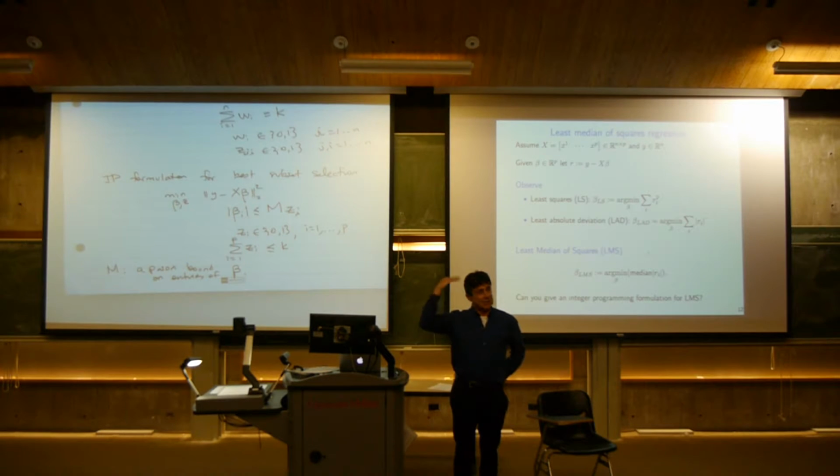But traditionally, meaning until about 5 to 10 years ago, the main focus of research in integer programming was linear integer programming. But in the last 5 to 10 years, nonlinear integer programming, in particular quadratic and convex integer programming, has really taken off.